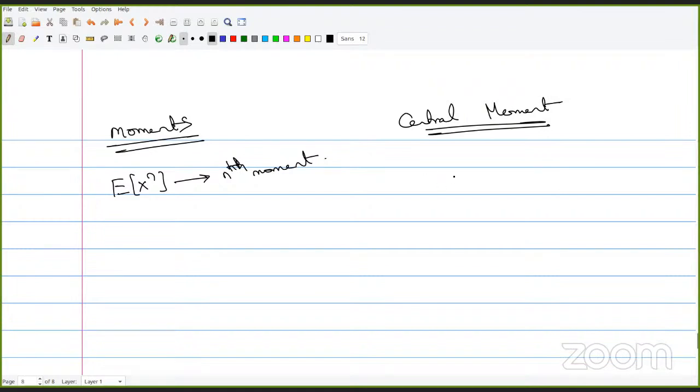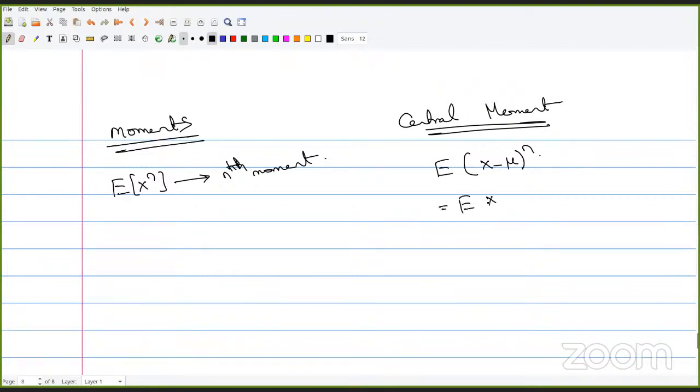And there is one more thing called central moment. The central moment is the expected value of (x minus mu) to the power n. If n is 1, what happens?